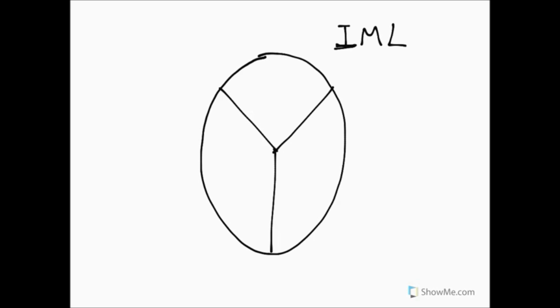So the internal medullary lamina is this Y shape that separates it out into different parts. I'm going to refer to this side as the lateral side and this side as the medial side.